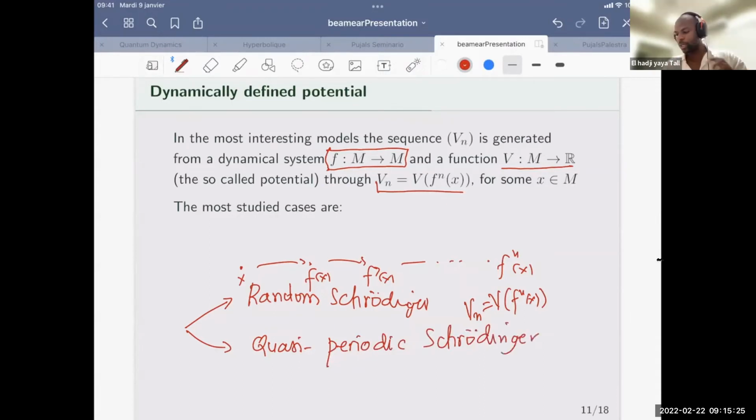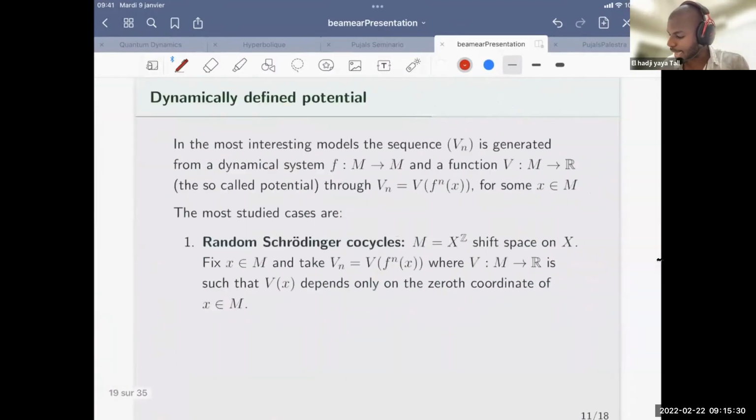So in the random Schrödinger case, the Vn are random variables. So your space M is a shift space, a space of sequences in X, and f is a shift map. I didn't put it here, but f here is the shift map. Shift map is the map that shifts the sequence one unit to the left, and V is a map from M to R that depends only on the zero coordinate.